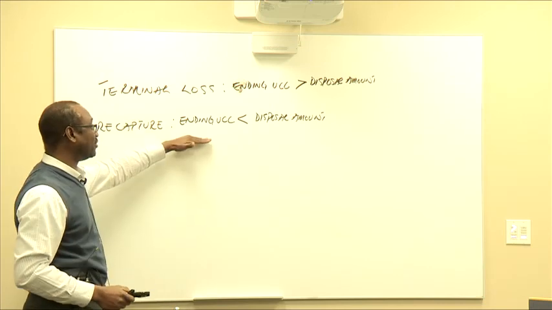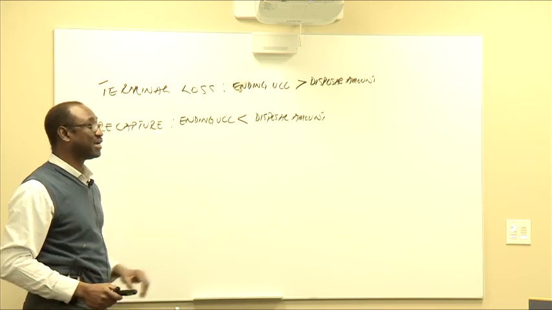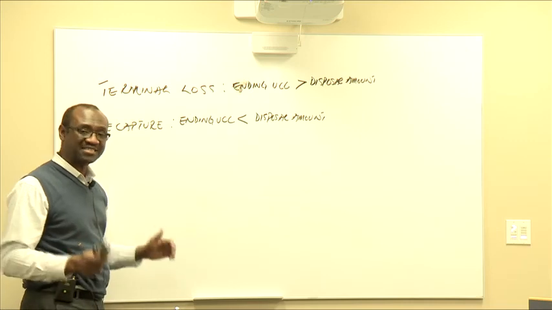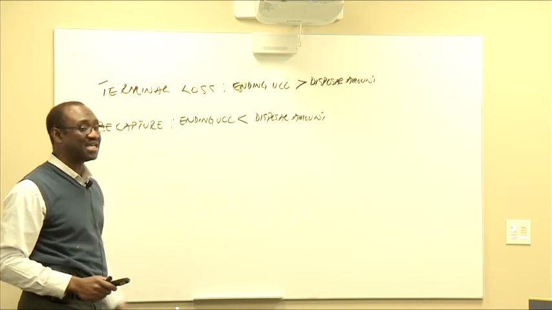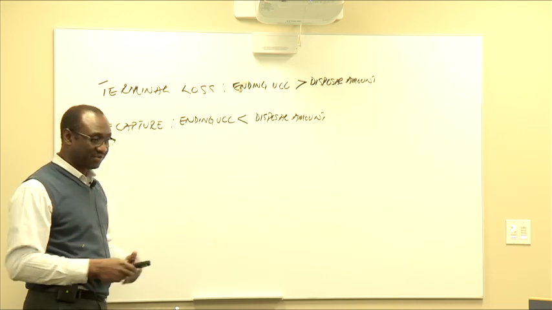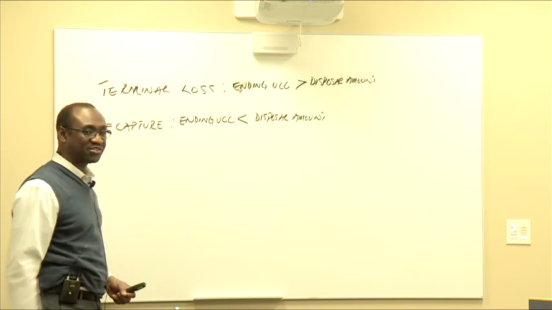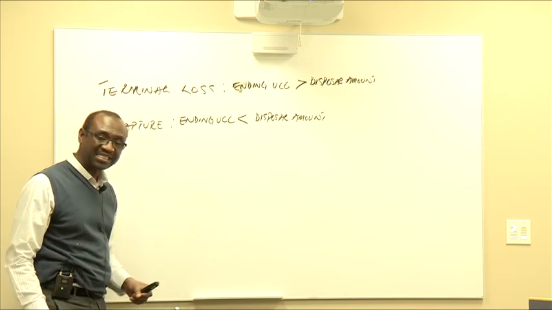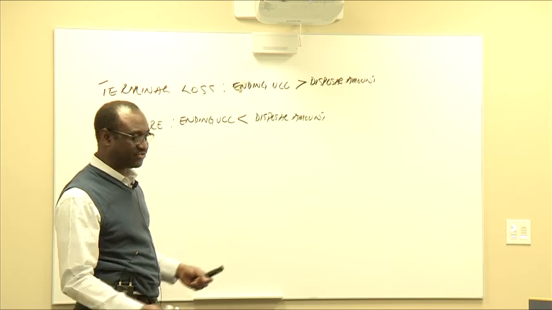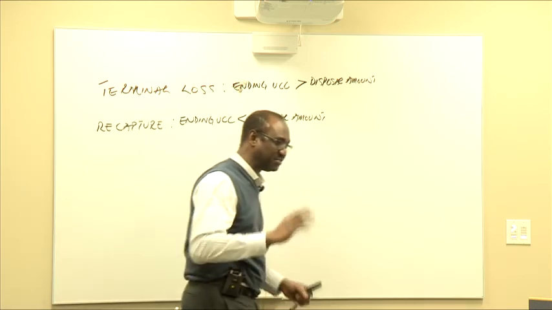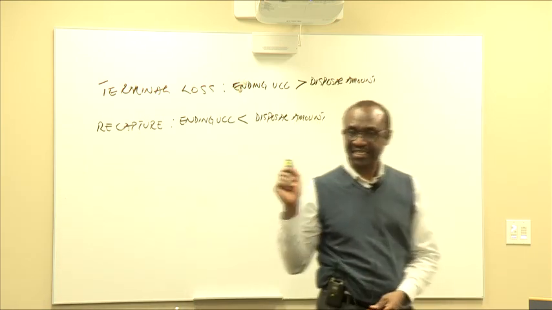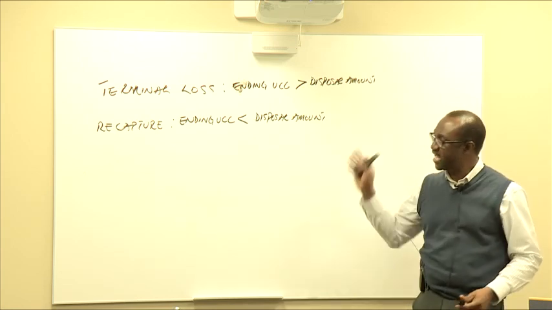This scenario gives rise to a tax liability, so the company will have to pay taxes, after deducting all the applicable tax credits. That's the difference between the terminal loss and the recapture.